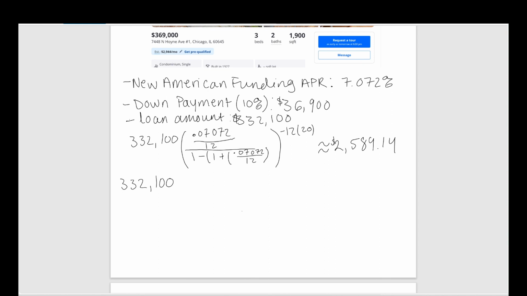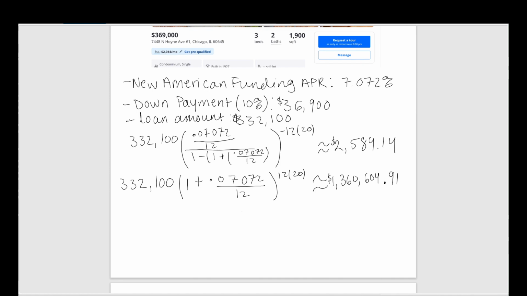And then we have 1 plus 0.07072 over 12 again, and then 12 times 20. And again, when I plug this into Google, I get $1,360,604.91.